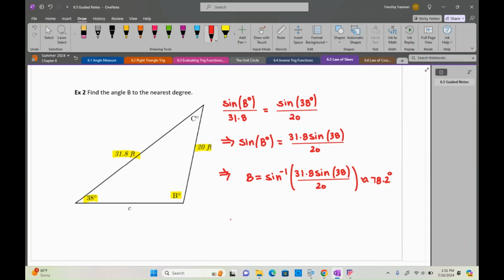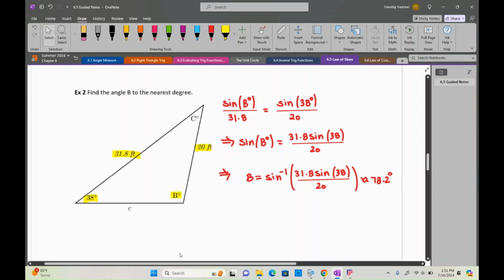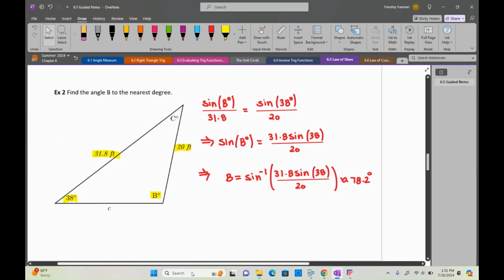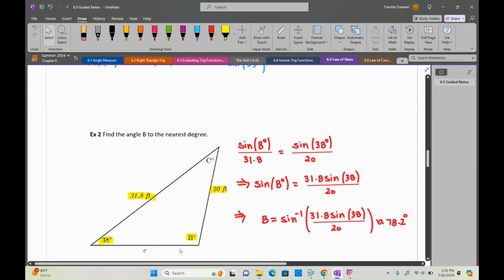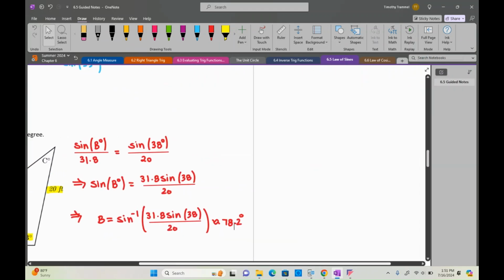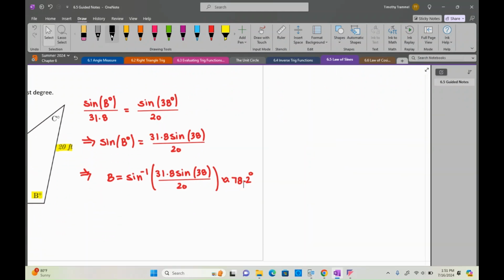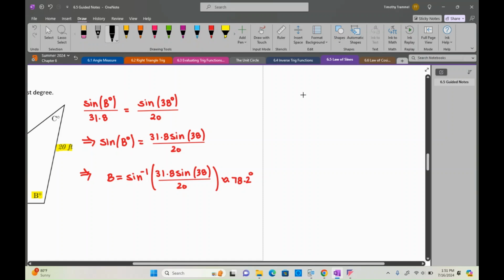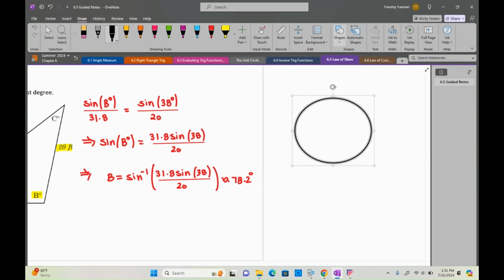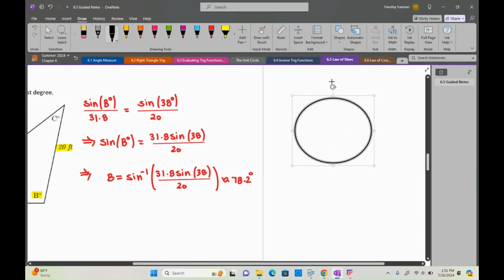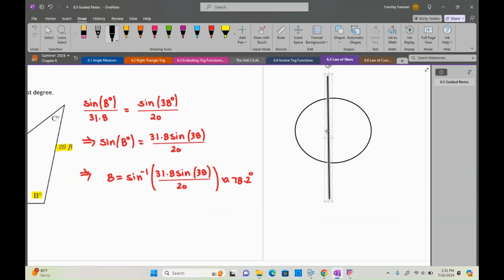There's another angle. What's going on here has to do with our inverse functions. You might remember that sine inverse can only give you angles between minus pi over 2 and pi over 2.